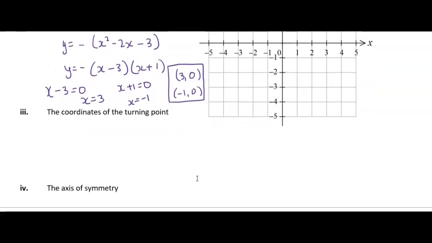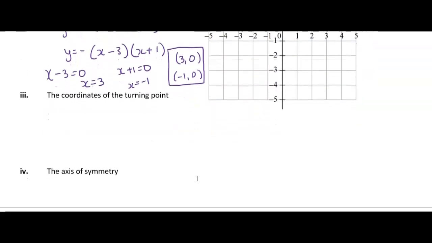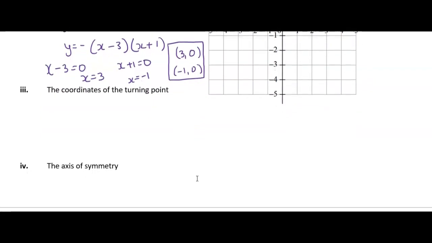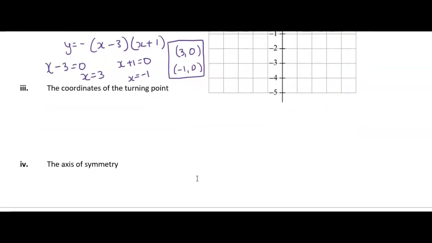Okay, the coordinates of the turning point. So there's two ways you can do this. Your turning point is halfway between your x-intercepts. And in this case, because we've done the x-intercepts, it's probably the easiest way. But you can also find it by doing x equals -b on 2a. So that will give you your x-coordinate of the turning point.